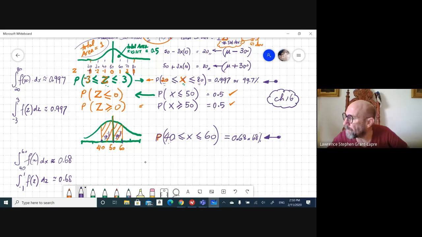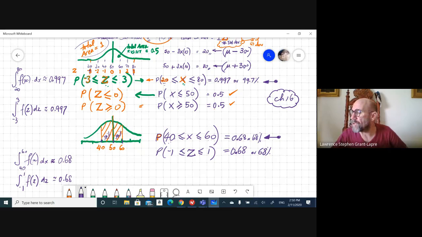What would I write here for 40 to 60 using a z? Between what numbers? -1 and 1. Good. And now I'll just do the other one while I'm talking about this. The other one is when we go to -2 and +2.